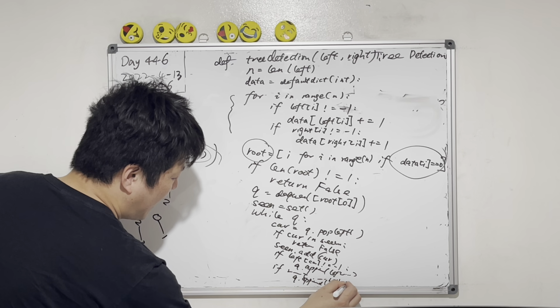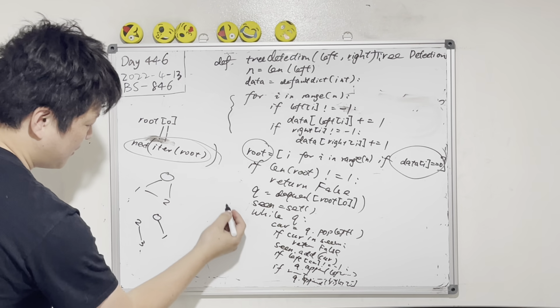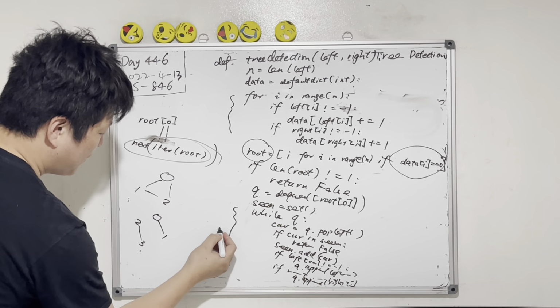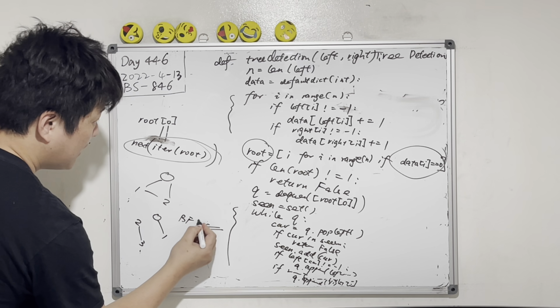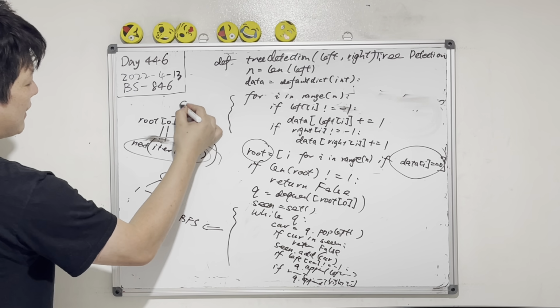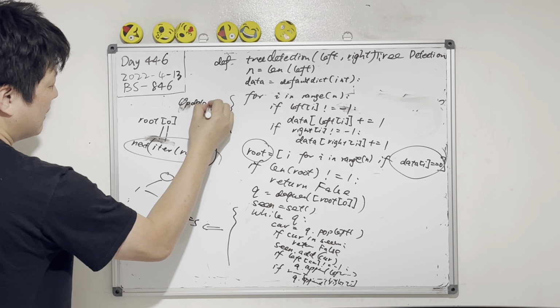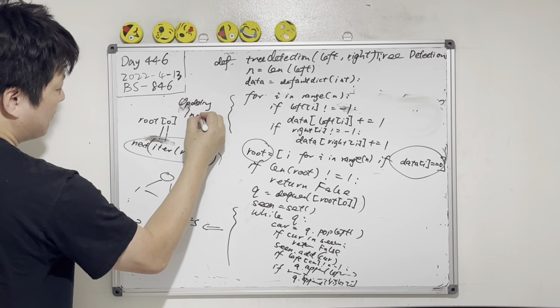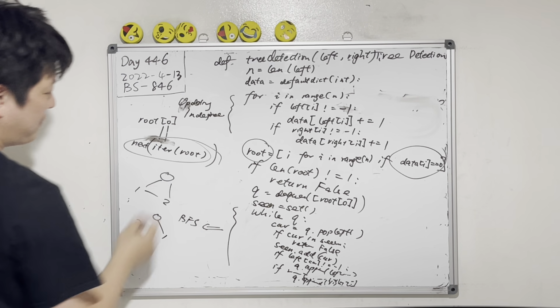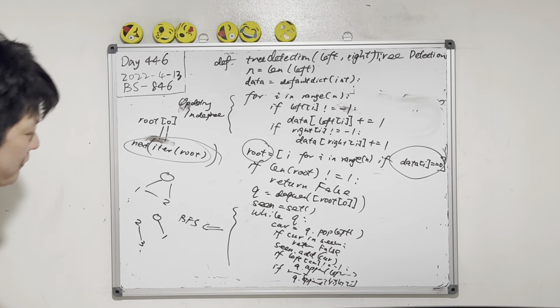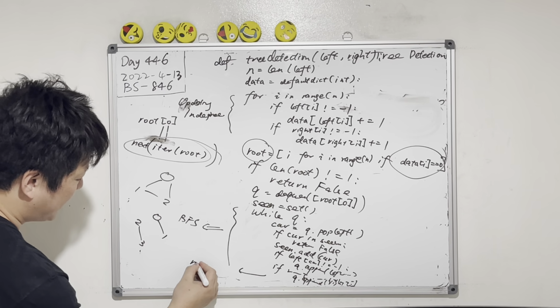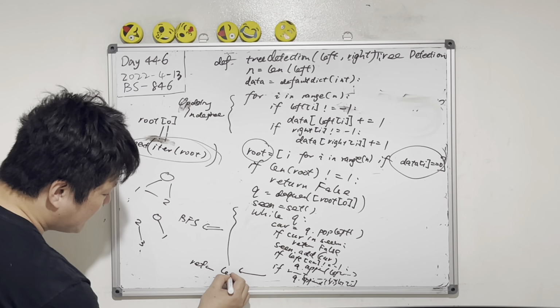That's just the breadth first search here. Up here, this is counting and updating the in-degree of the nodes.